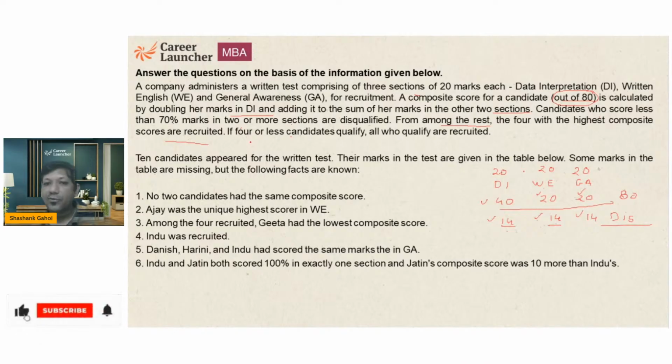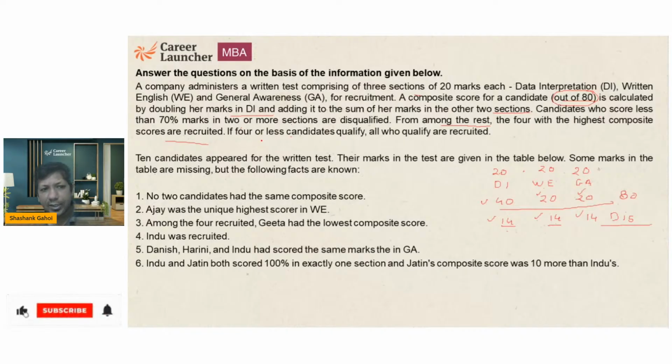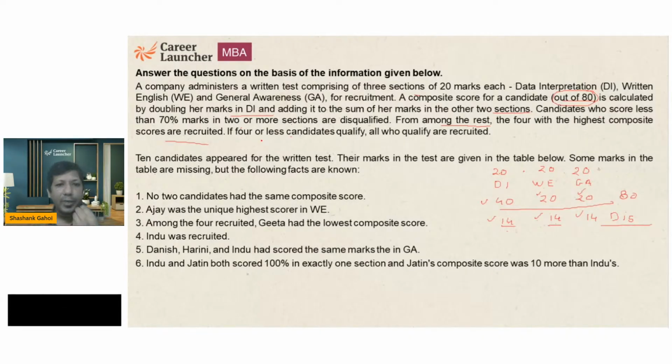So this is what this information is telling me. मतलब बेसिकली उनका टारगेट है 4 लोग को लेना, लेकिन अगर 4 से कम क्वालिफाई करेंगे तो उतने ही लोग. ठीक है. There are total 10 candidates who are appearing for the test.